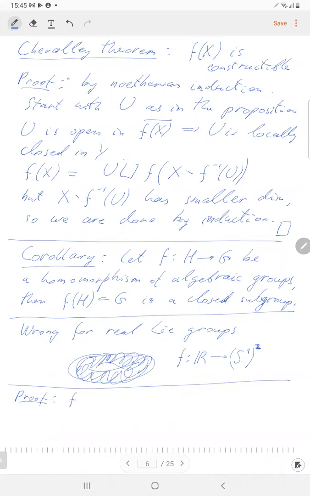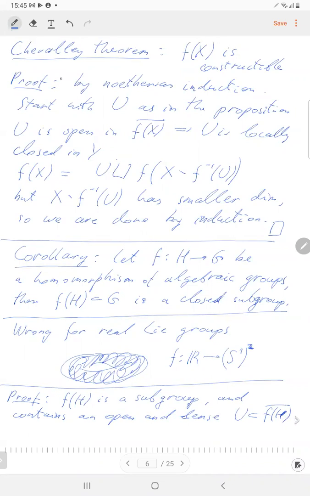We know that the image certainly is a subgroup, and it contains an open and dense subset U inside its closure. Okay, just by the proposition we proved before.